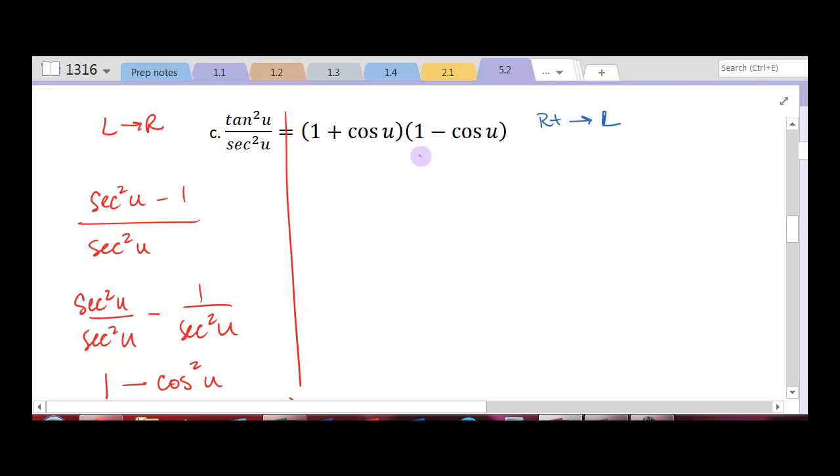Maybe I look at this and I say, what if I FOIL these two terms together? I get 1 minus cosine squared u. Okay, I'm thinking that I might want to use a Pythagorean identity here. So if I did that, I would end up with 1 minus cosine squared u is sine squared u.